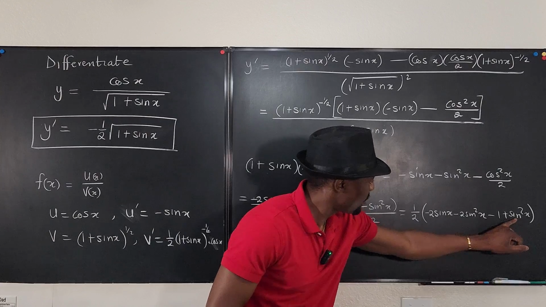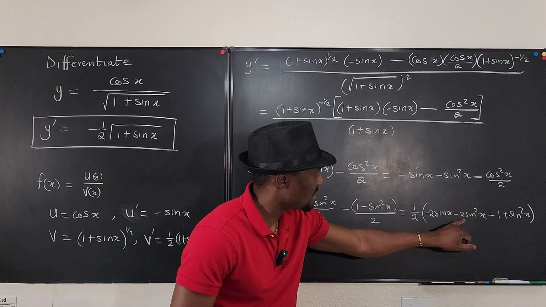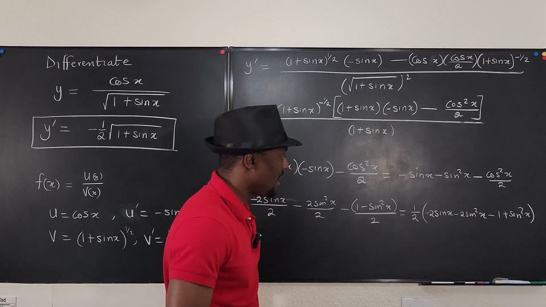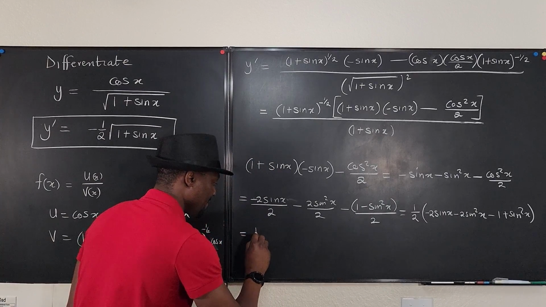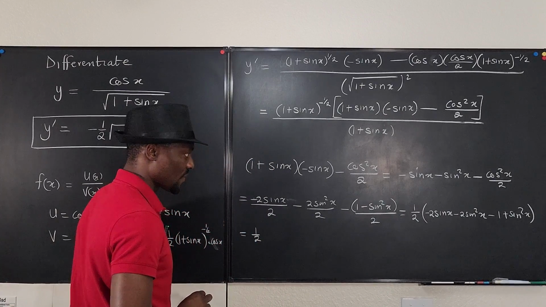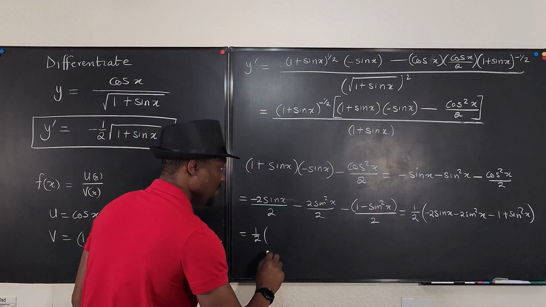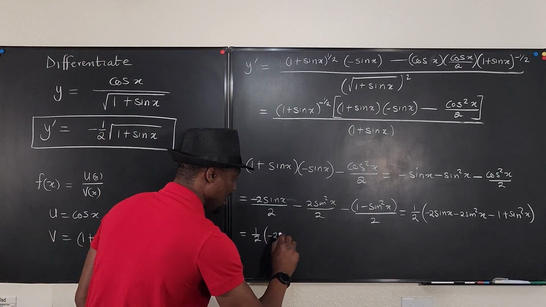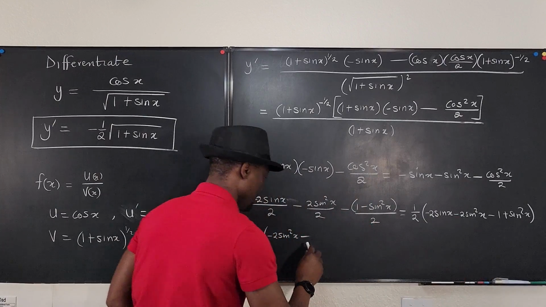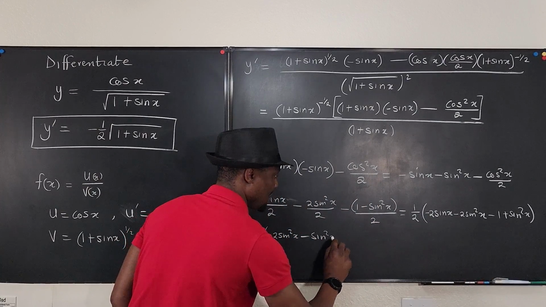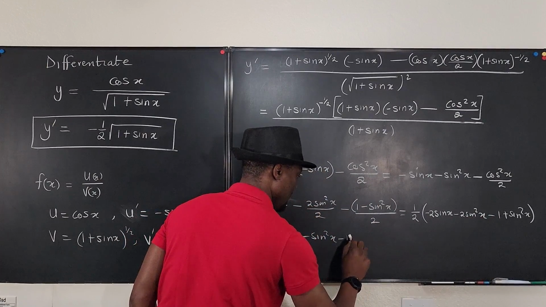This and this look alike. We put them together, it becomes minus sine squared x. So this is equal to 1/2 times minus 2 sine x, minus sine squared x, and minus 1. That's it.